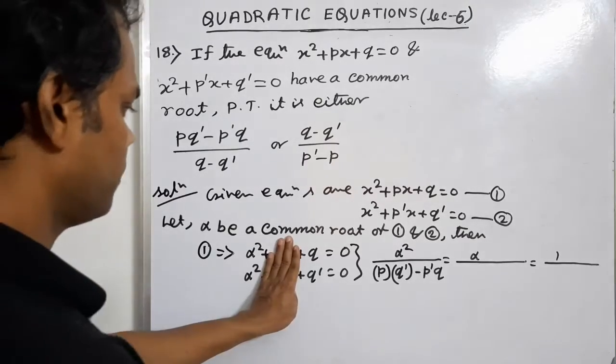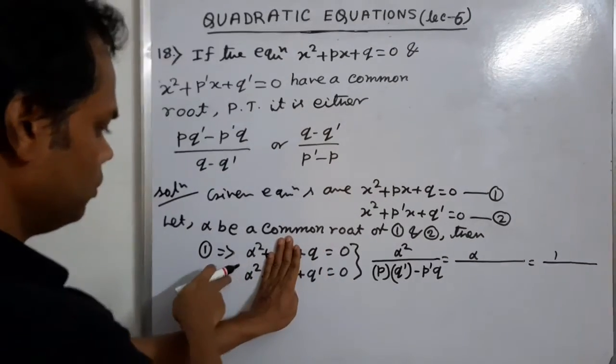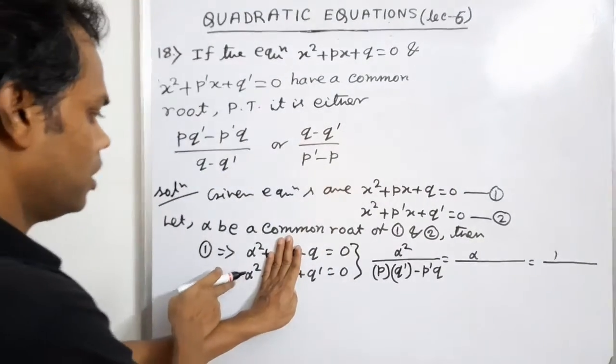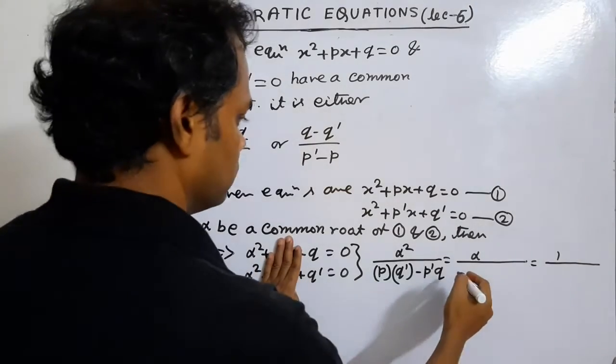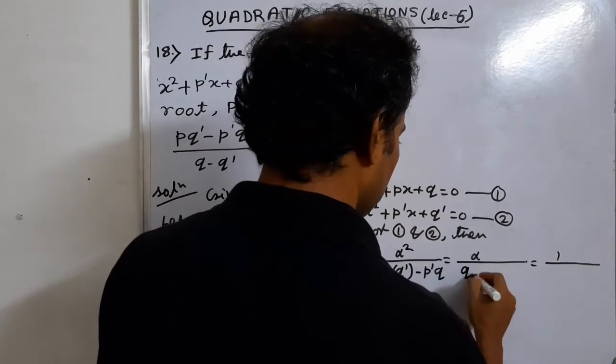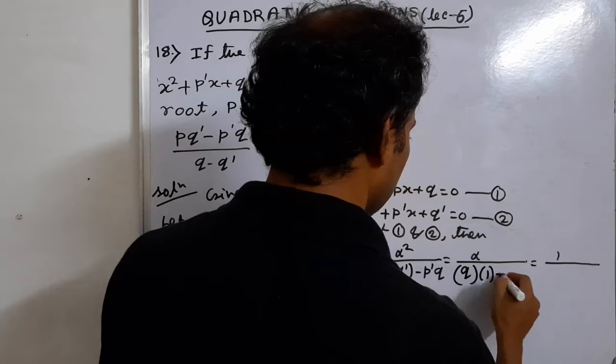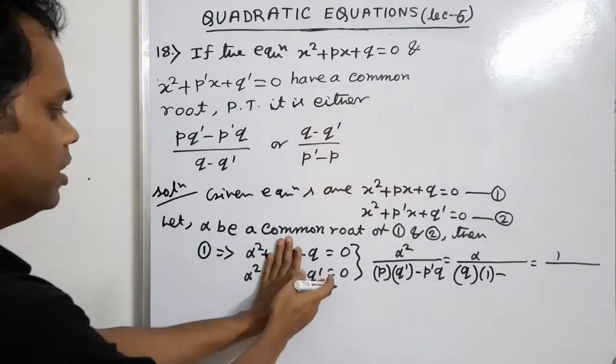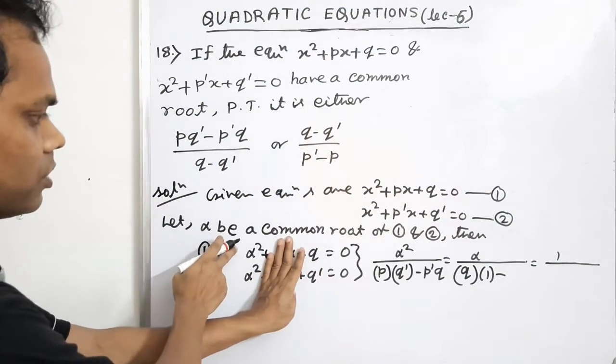For alpha: q into coefficient of alpha square, this is 1, so q into 1 minus q dash into 1.